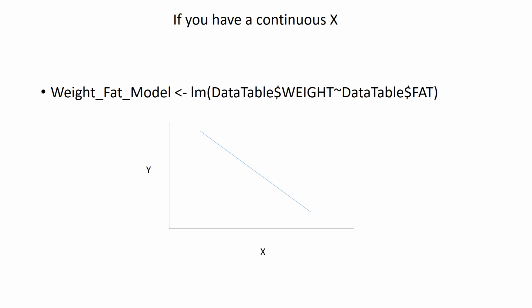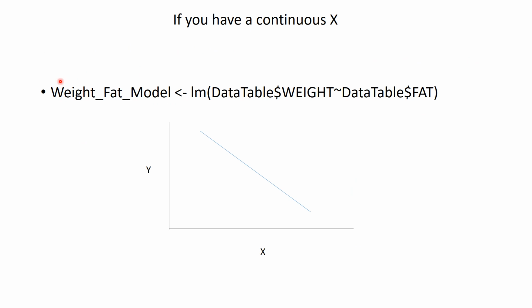We will be running 3 different models. The first model looks at the effect of fat on weight. All right. So let's have a look at the code that we have on the screen here. I am creating a new object here called weight fat model.